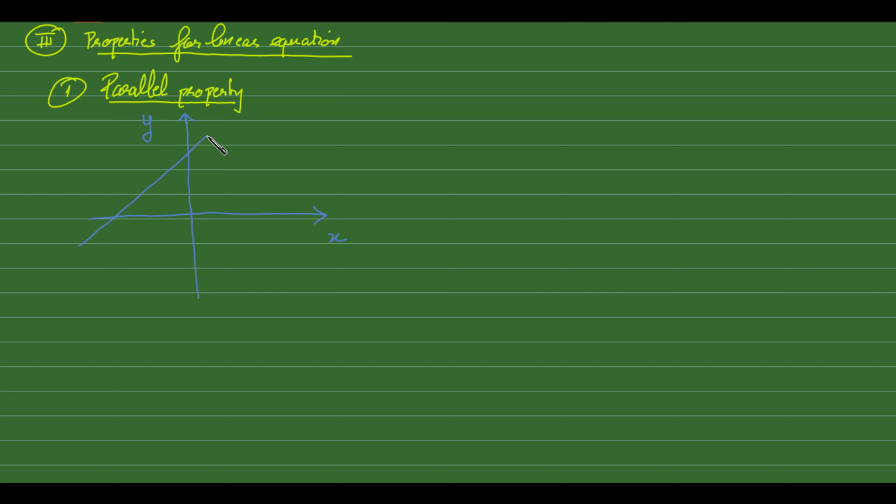The first line I call L1, and the second line is L2. I say that these two lines are parallel to each other. So given L1 parallel to L2, this means parallel.